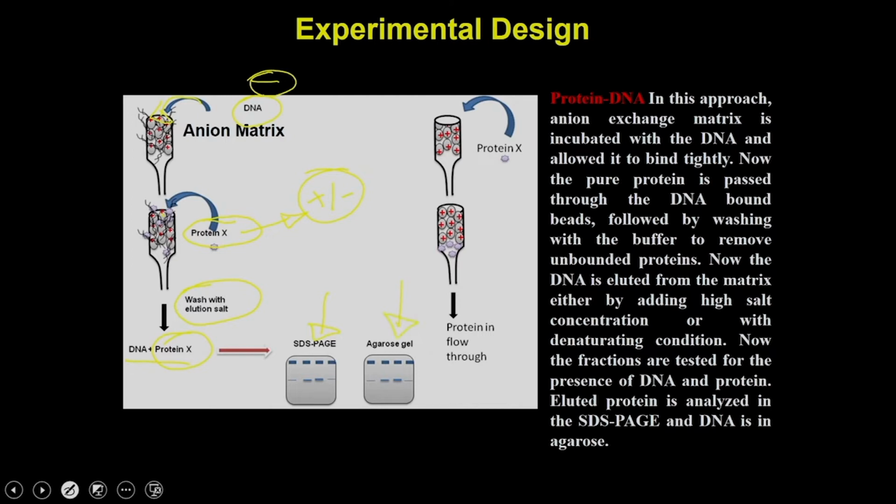So, agarose is going to give you the pattern for the promoters, whereas SDS-PAGE is going to give you the pattern for the transcription factors. Now, there will be multiple transcription factors present in your lysate.